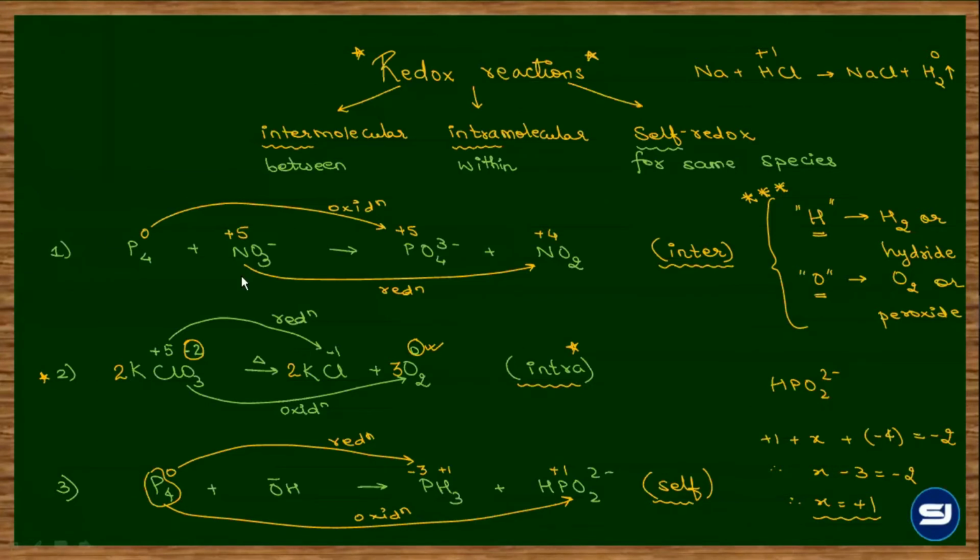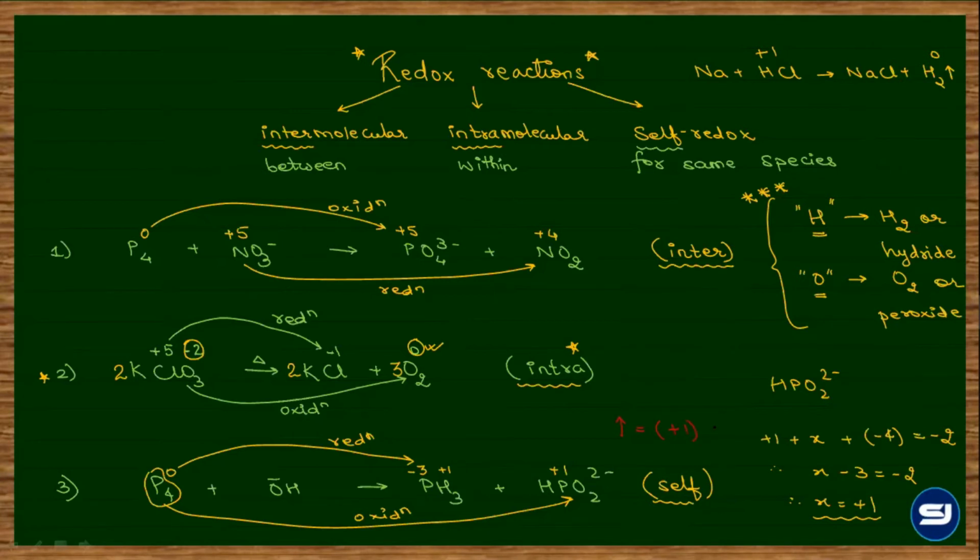अब self redox के लिए खाली एक point important है जो मैं बता रहा हूँ, ध्यान देना. We have understood that the reduction and oxidation is happening for the phosphorus. Now find how much is the increase. It is +1.